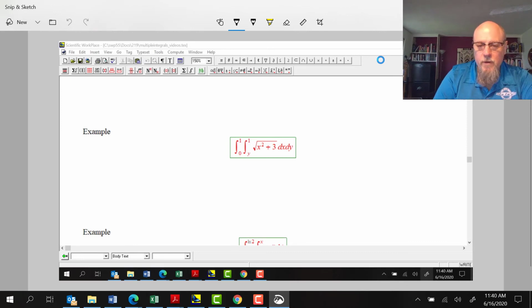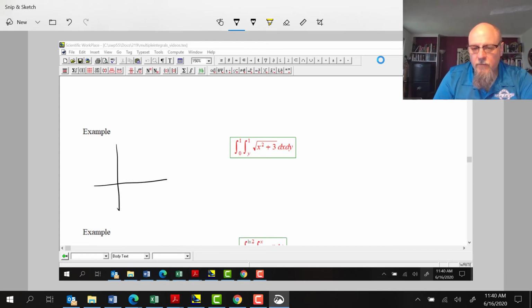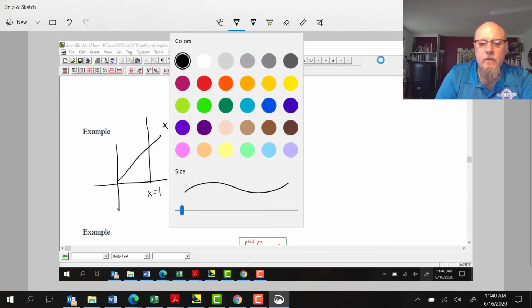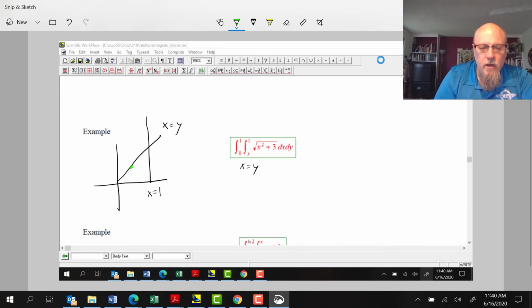If I look at this footprint, this is the curve x equals y, which is this line here. If I write it x equals y or y equals x, the same thing. And this is the curve x equals 1. So all the way through this shape, for x's, we're always starting on this line and ending on this line, curve to curve.